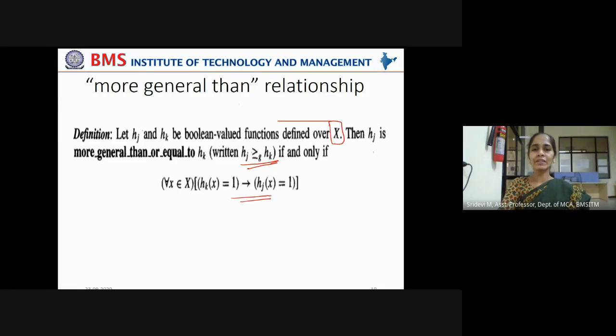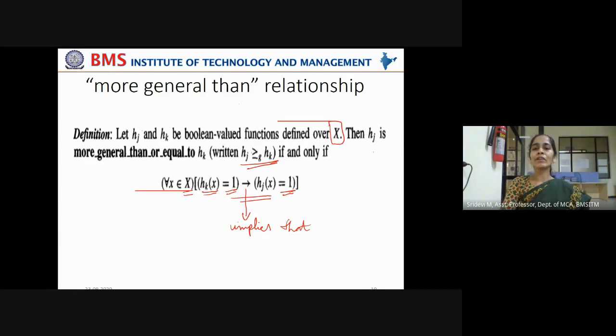How do you represent this? For every instance that belongs to the instance set X, if the more specific hypothesis predicts a positive example, what is this symbol called? Implies. It implies that Hj of X also should have predicted it as positive.